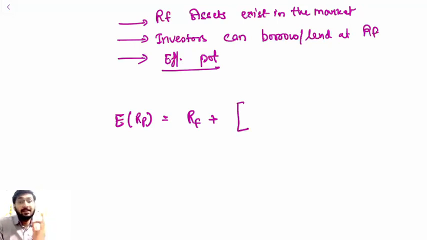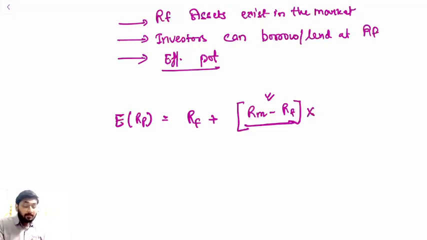How will you get the market risk premium? You remember CAPM, RM minus RF. This is your risk premium. So if you are investing in a risky portfolio, you will get the risk premium. Now that risk premium will be amplified with the beta in the CAPM, but beta only captures the systematic risk.